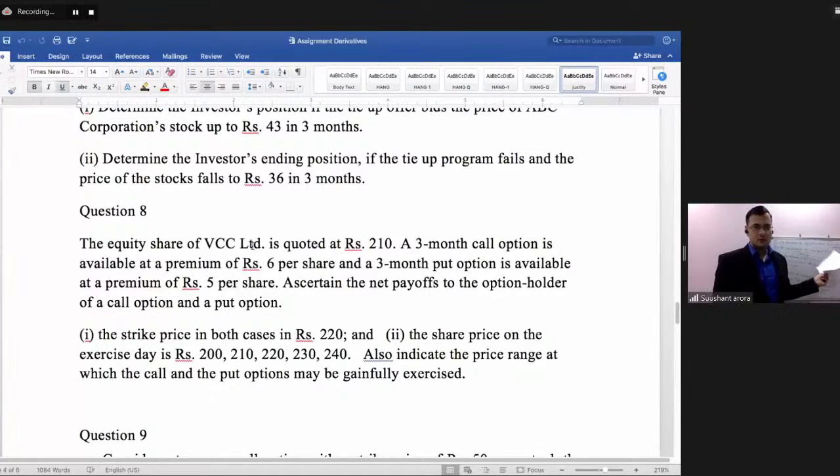Otherwise, I can explain this practice manual question again. I can wait for some seconds. Okay, so Sumit is saying the last question was not done. Was it the problem with everyone? I think you have already seen the question.